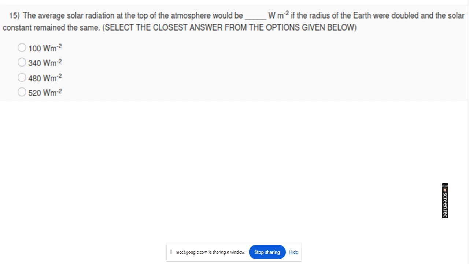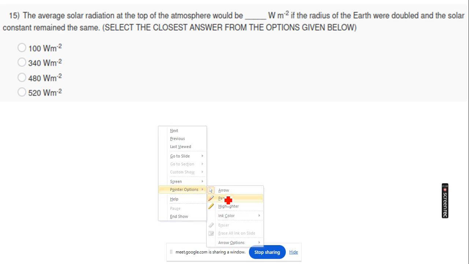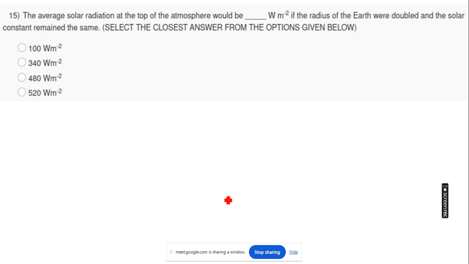The average solar radiation at the top of the atmosphere would be dash if the radius of the Earth were doubled and the solar constant remained the same. We have discussed the solar constant and solar emission earlier.